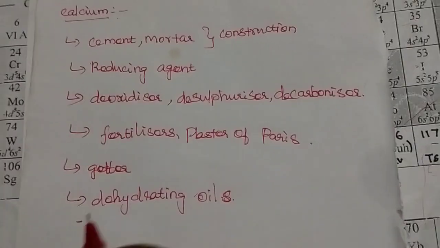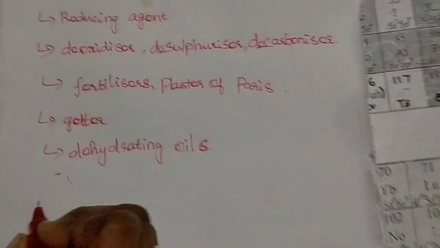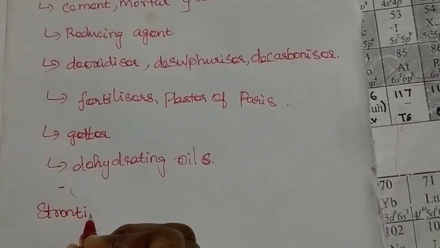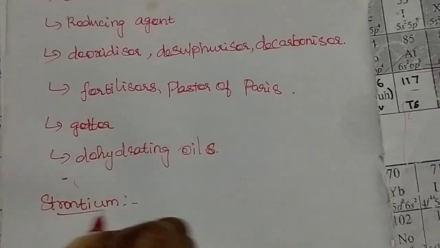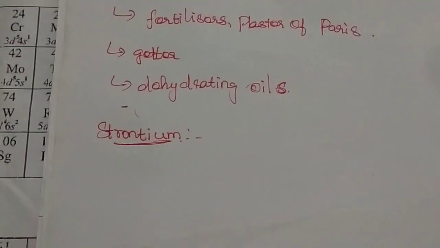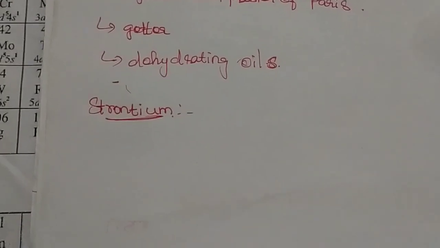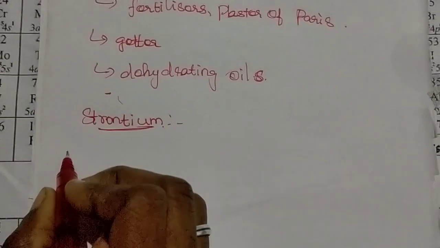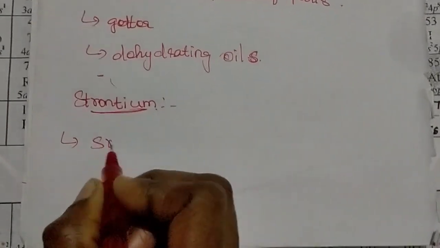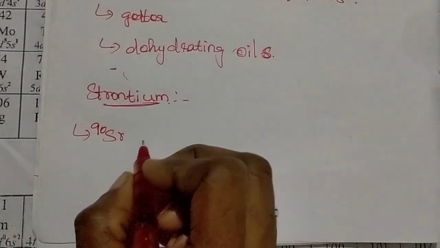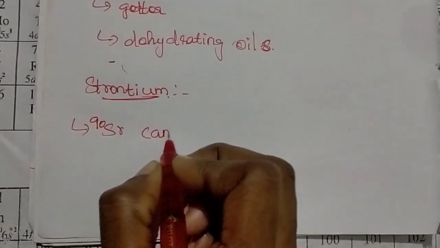Next one, strontium. This is also one of the important alkaline earth metals. We mainly use the strontium isotope strontium-90 for cancer therapy.